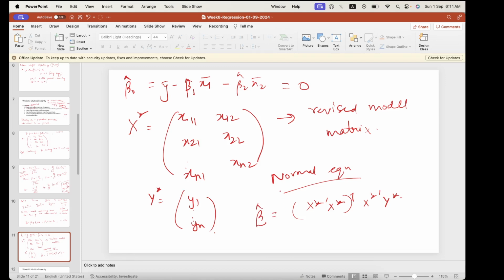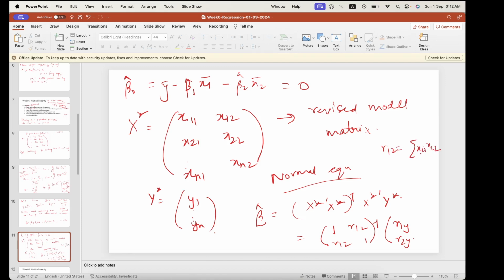Now x star prime x star would actually be the matrix 1, r12, r12, 1, inverse, into r1y, r2y. Where r12 is the summation of xi1 xi2.